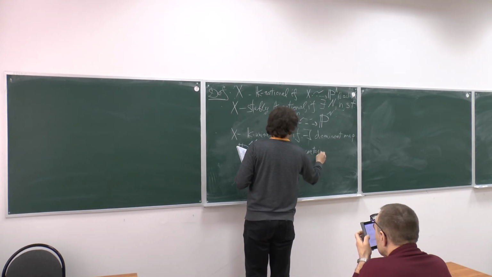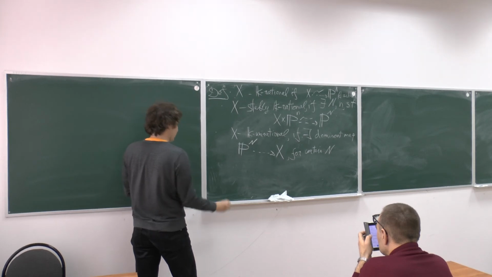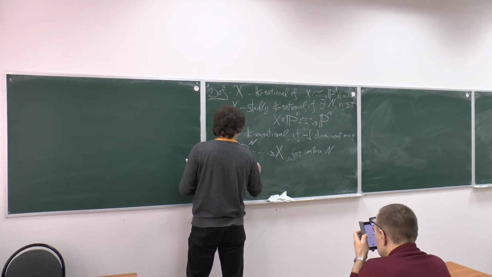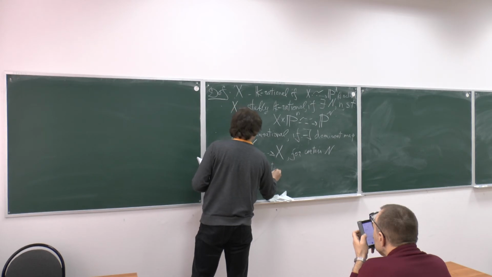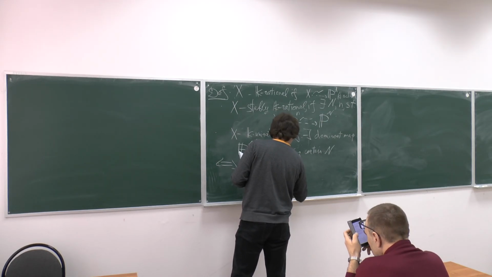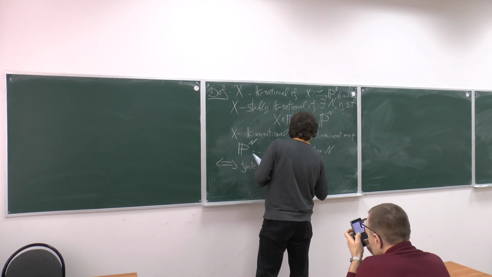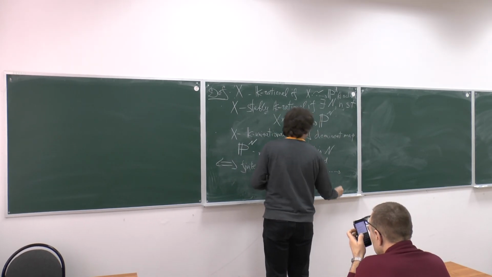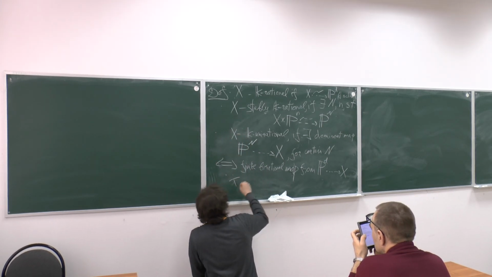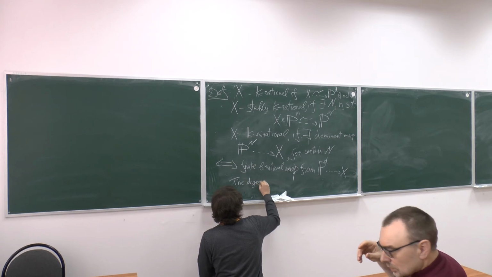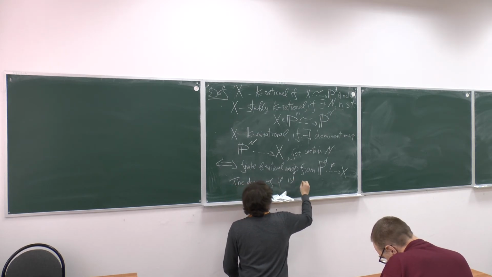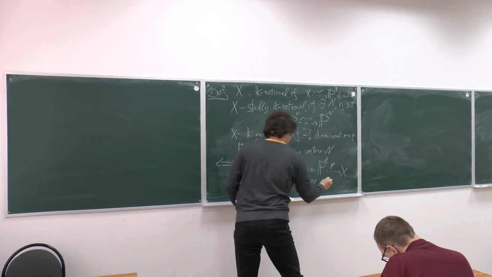But one can define this condition and say that it is equal to the condition that there is a finite birational morphism from P^d to X. In this case, we call the degree of this morphism the degree of irrationality.